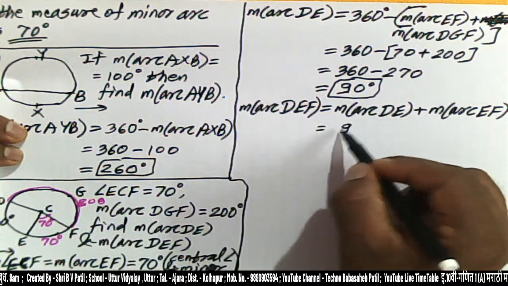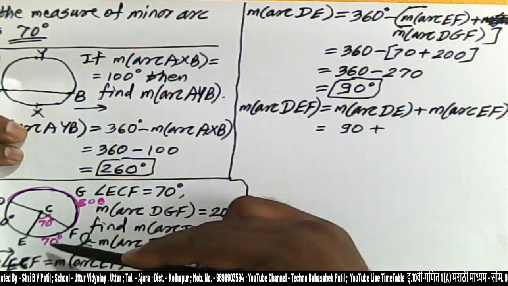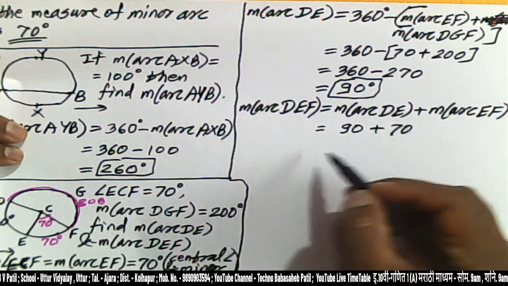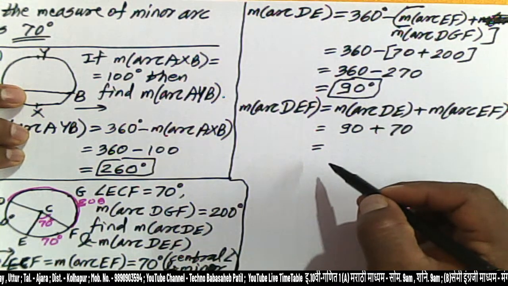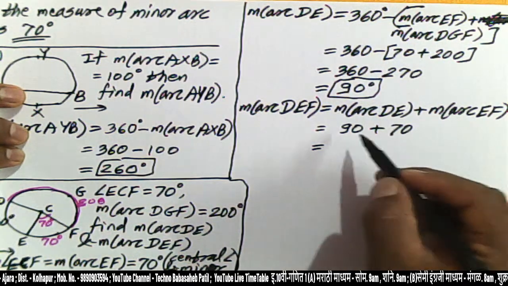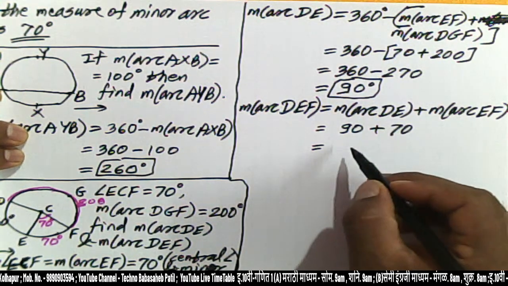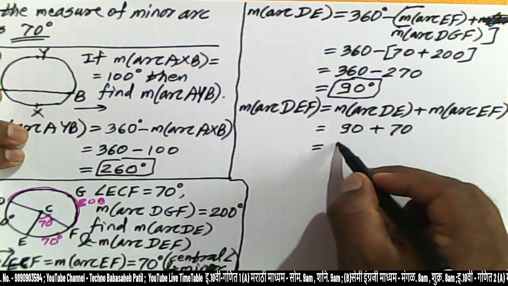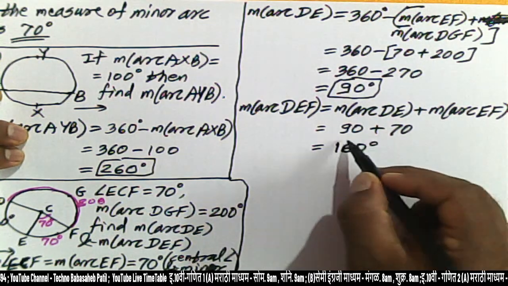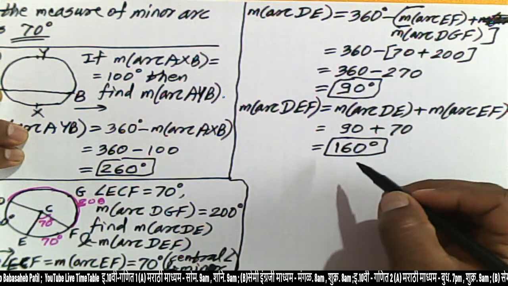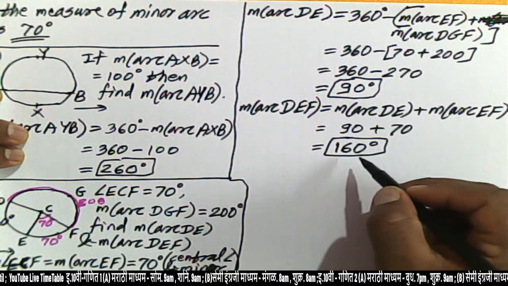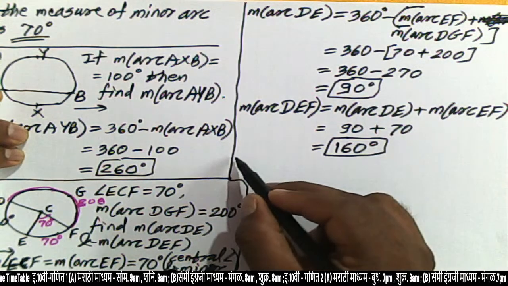The value of DE is 90 and EF is 70, and the addition is 160 degrees. In this way we can solve that example.